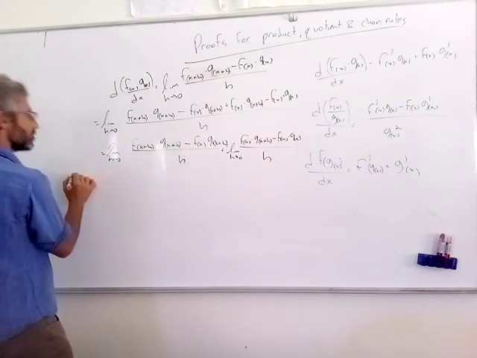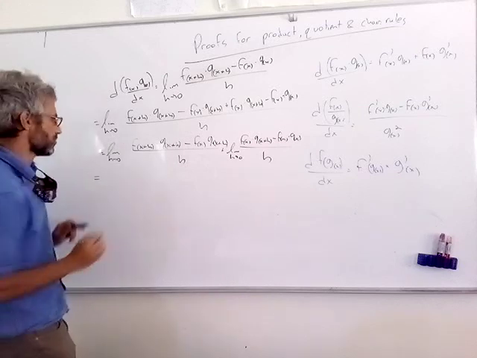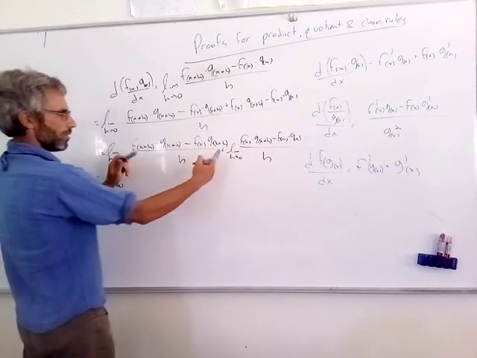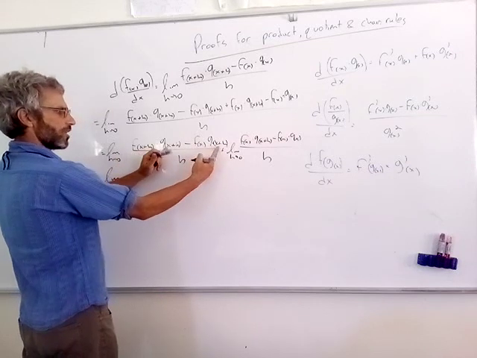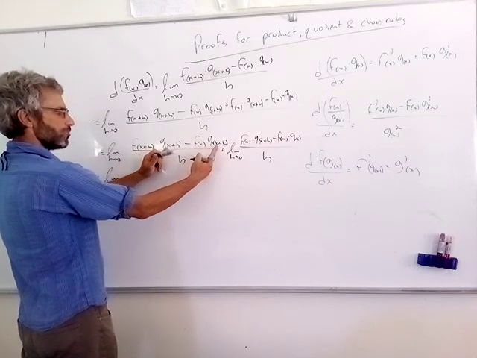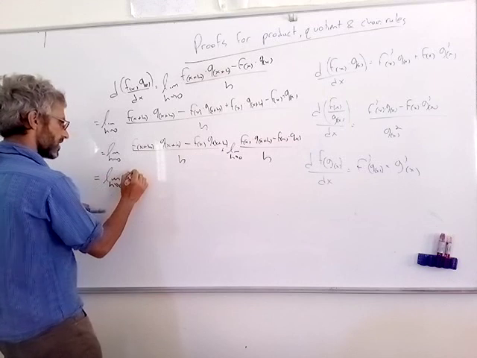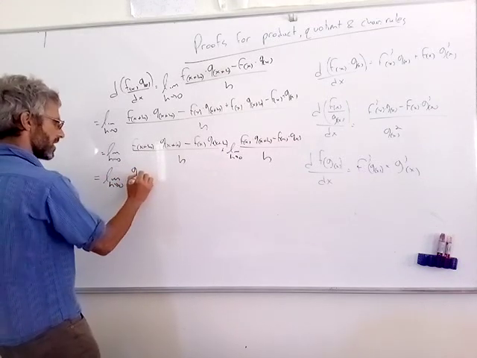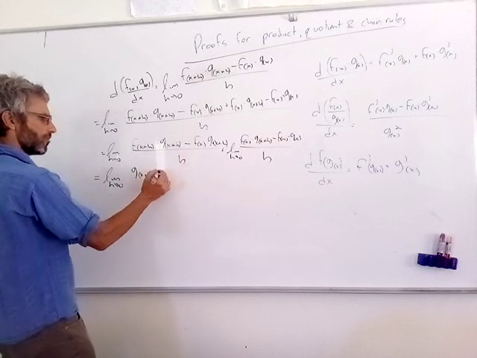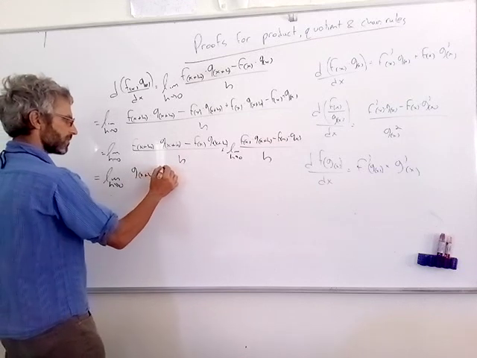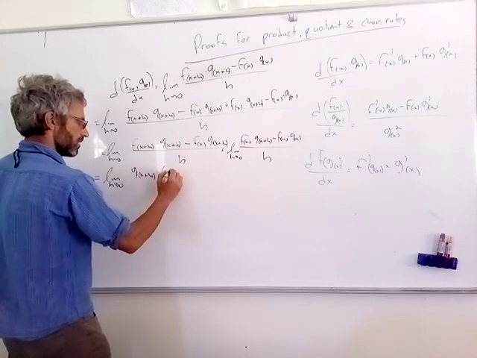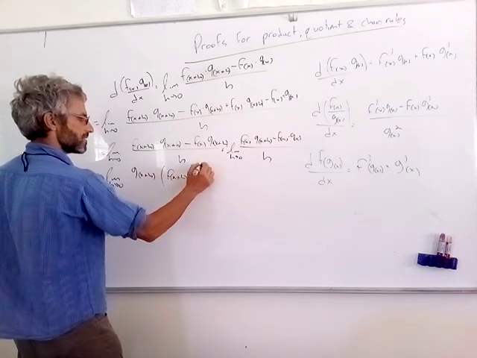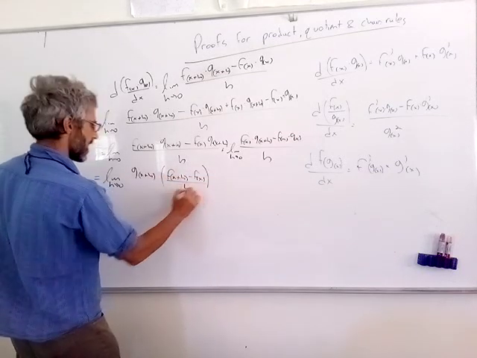Now, what can I do? Limit h approaches 0. I can factorize. Look, I've got g(x+h) on both sides. So g(x+h), the common factor, times f(x+h) minus f(x) divided by h.